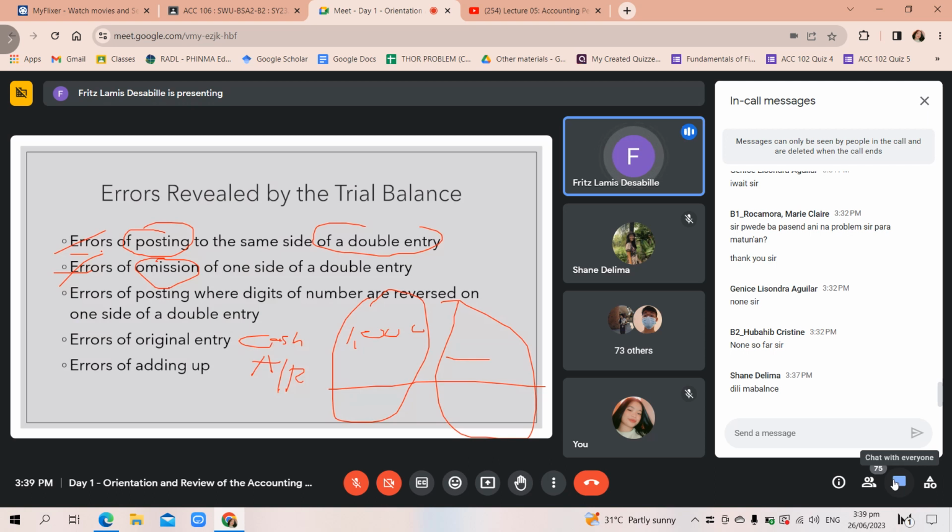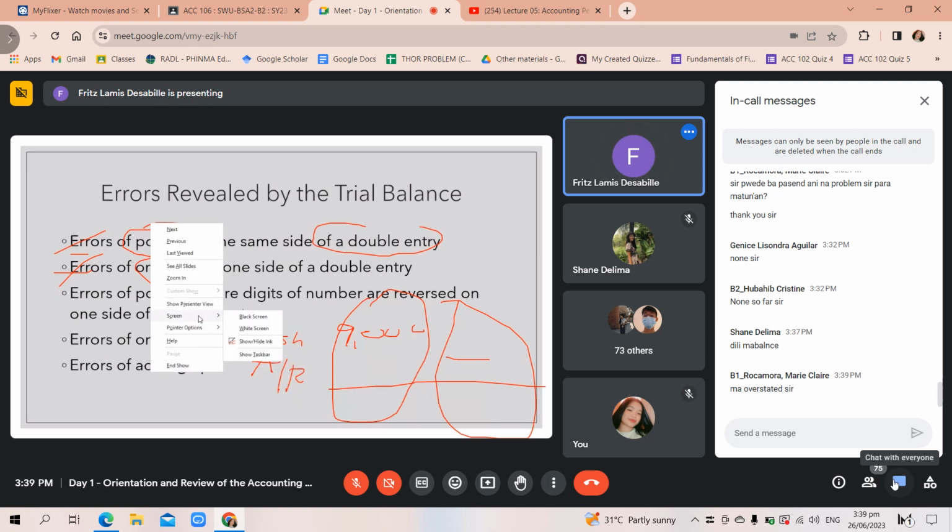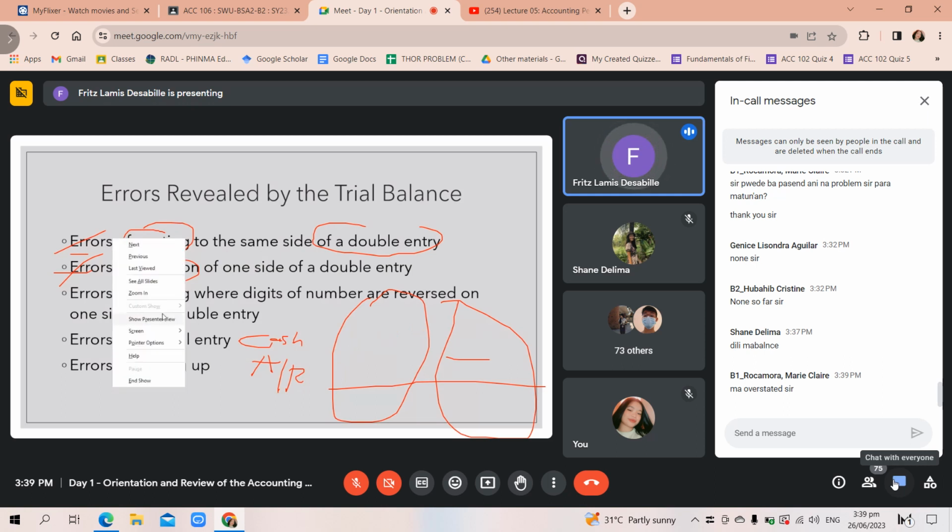Number 3 is errors of posting where digits of numbers are reversed on one side of a double entry. So ang illustration ani sa number 3 is that ang example ang cash kay 911. Same lang gihapon nga entry, but in this case ang amount nato kay 911 sa debit.